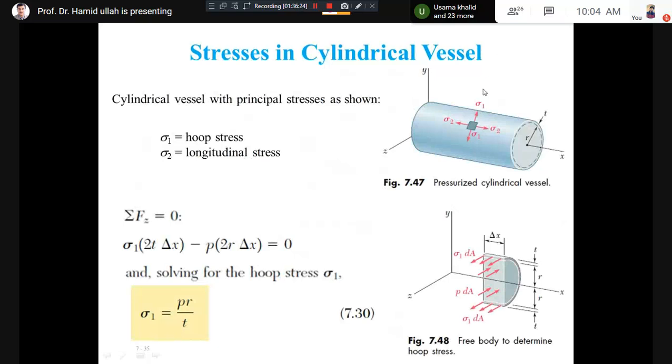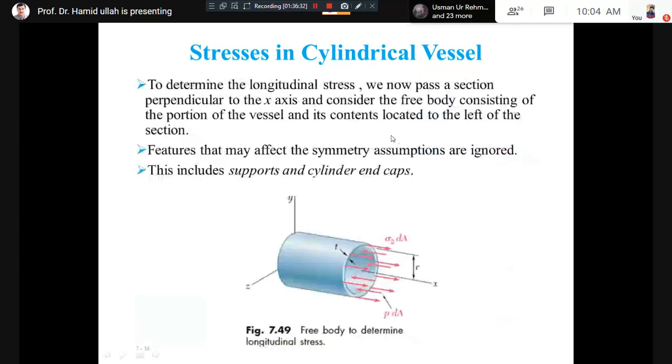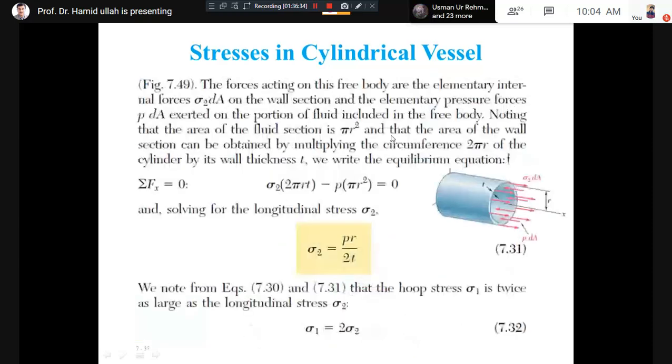When I cut the cylinder into two pieces, let me consider the left side part of the cylinder in the figure. The ring you can see is the cross section we have exposed after cutting. There are two forces, and you can look at the direction of the arrow, which shows the force acting on the cylinder.